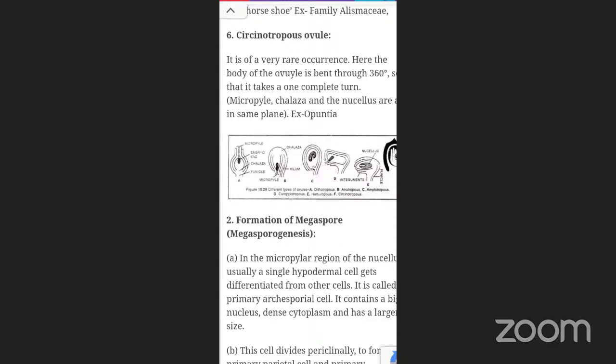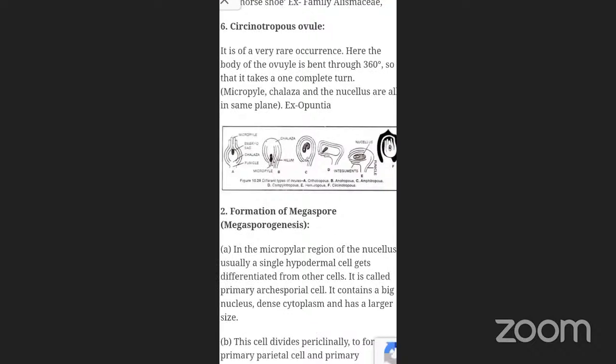So here some extra structures are there on the embryo sac. What are those? They are the aril, arillode and sarcotesta. These structures are associated with the integument.